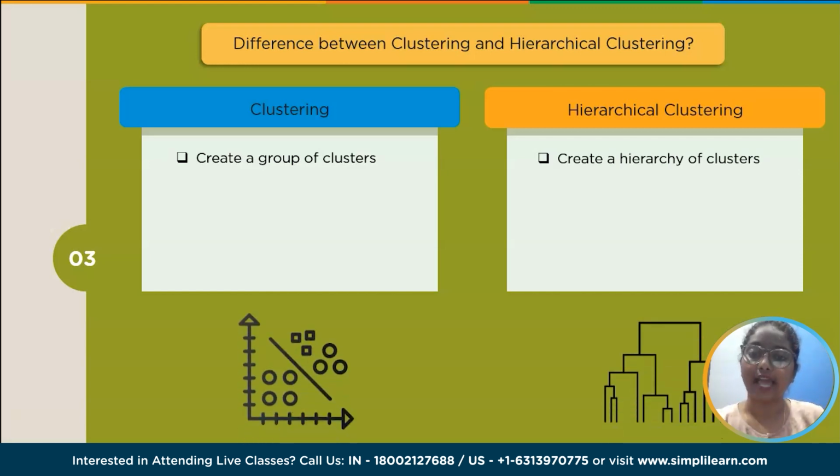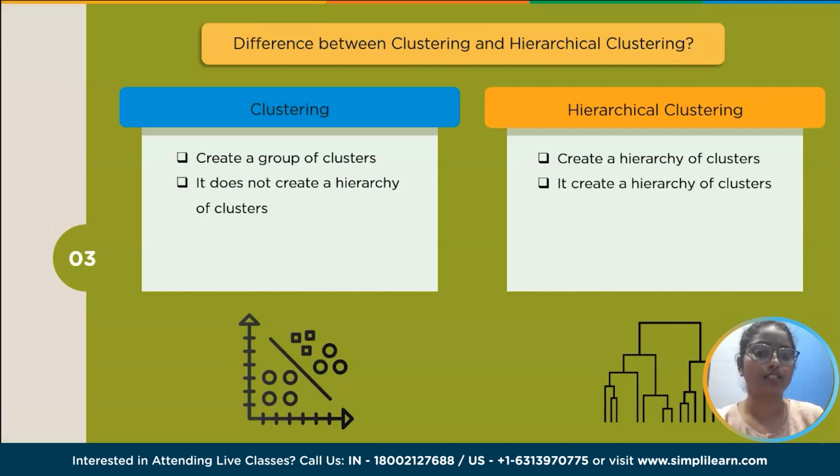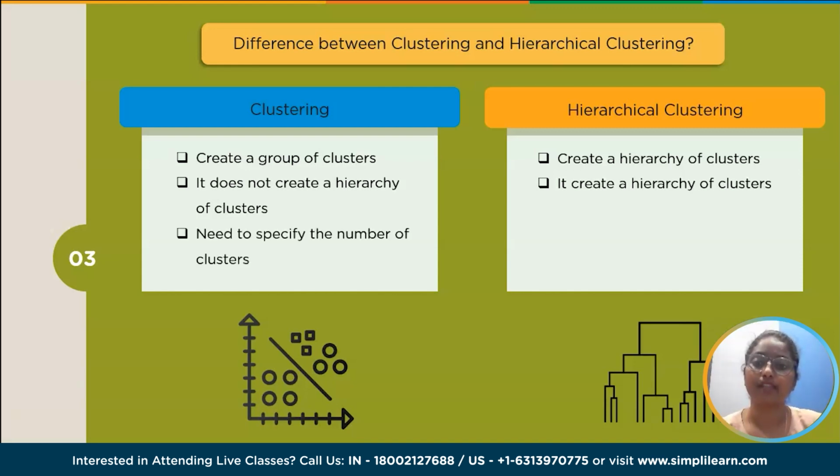Clustering does not create a hierarchy of clusters. Instead, it is a simple grouping of data points into a fixed number of clusters. Hierarchical clustering is used in a dendrogram showing the hierarchical relationship between the clusters. Clustering needs the number of clusters to be specified ahead of time. Hierarchical clustering does not require the number of clusters to be determined.